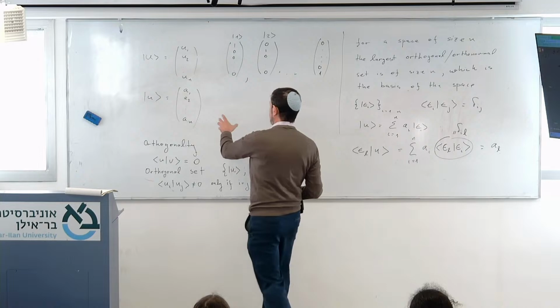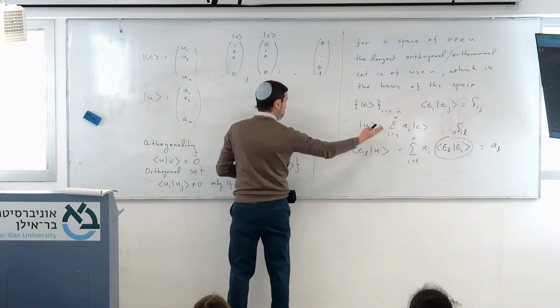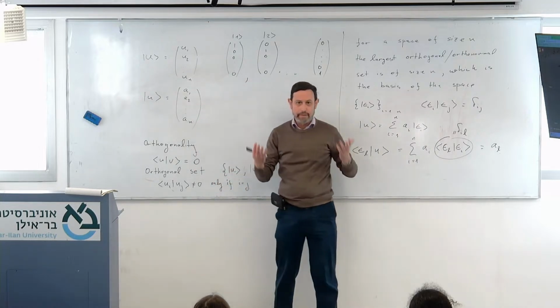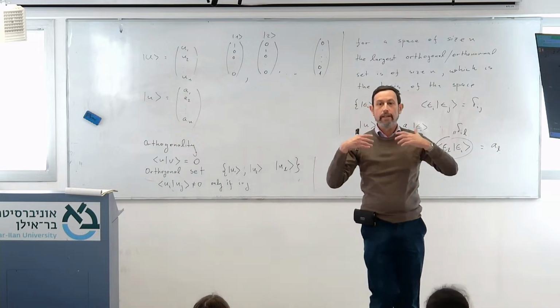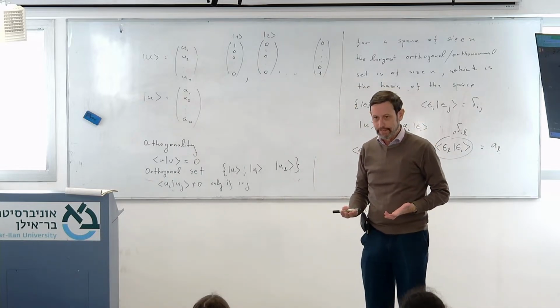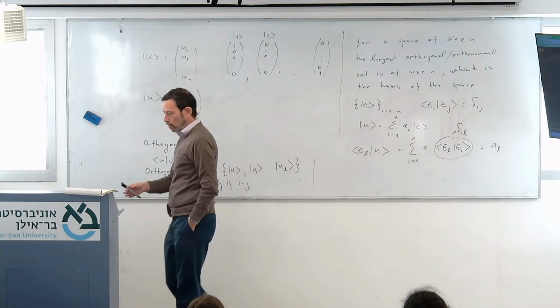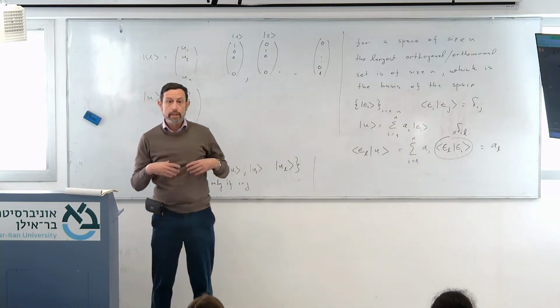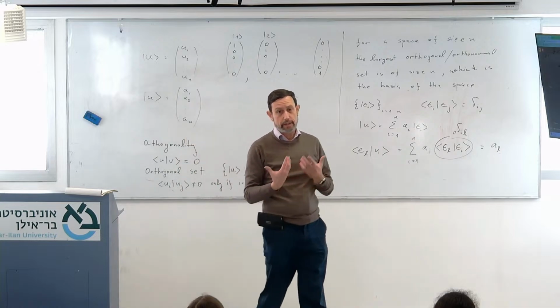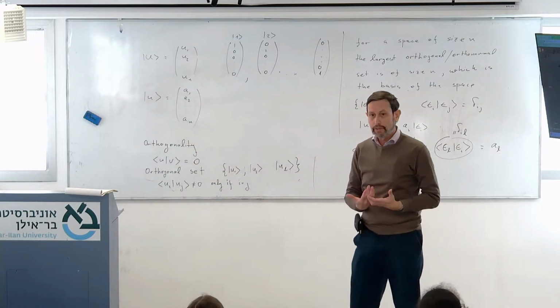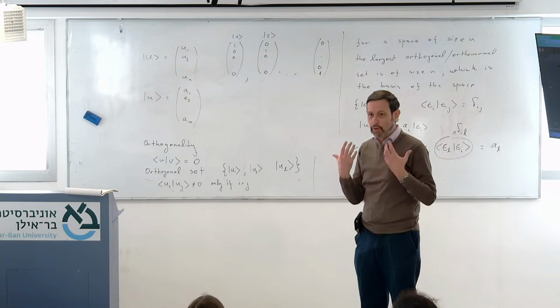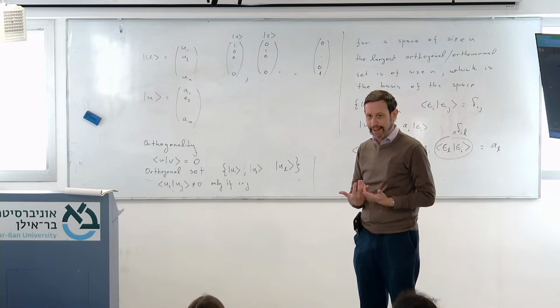This is a representation in this base, and I could build an infinite number of bases, and all of them are okay. The most important thing that one always has to remember: the results of any physical calculation should not depend on what basis I project my vector on.